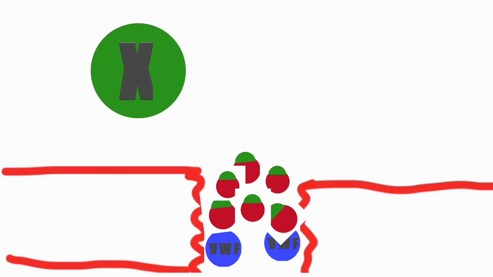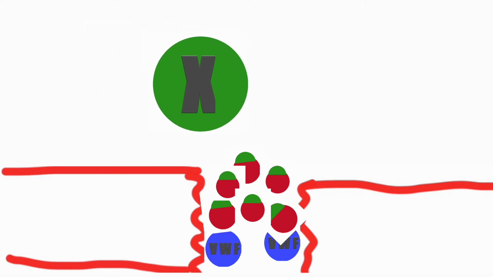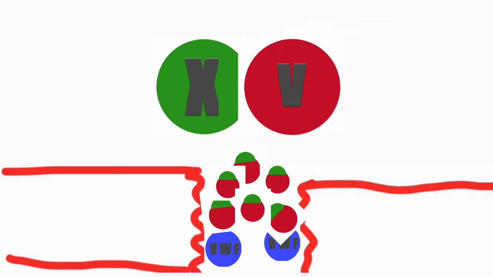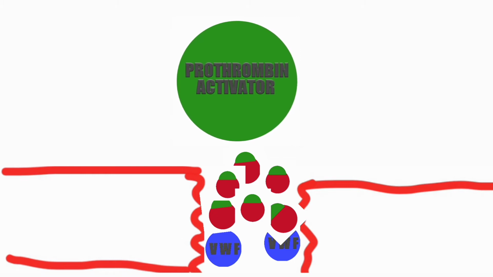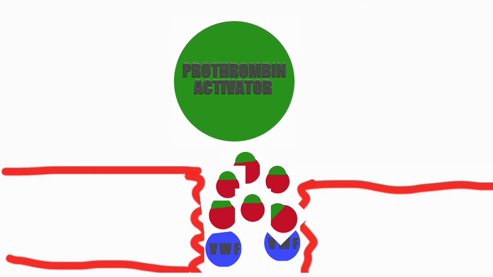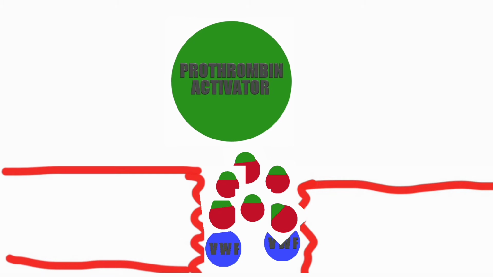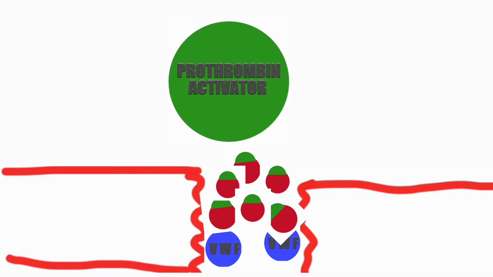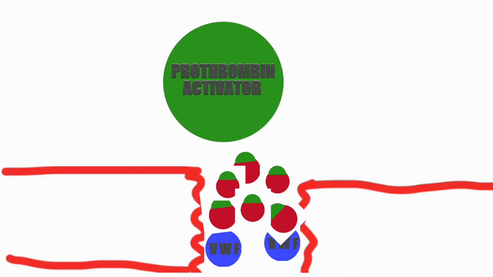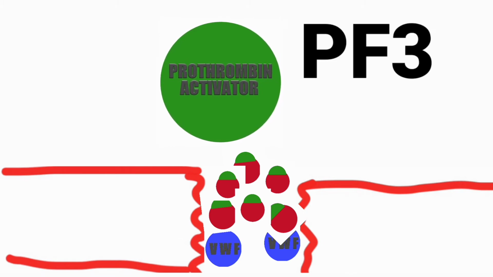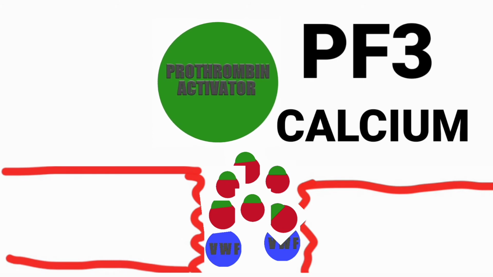So now we'll continue with our activated factor 10, right? Factor 10 will then combine with factor 5 to form a protein called prothrombin activator. What did I call that protein? It is prothrombin activator. This reaction of combining factor 5 and 10 to form this prothrombin activator also requires platelet factor 3 and calcium as cofactors.